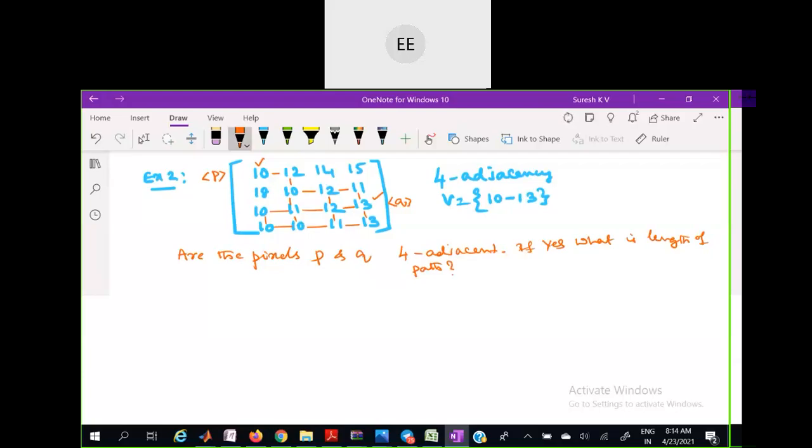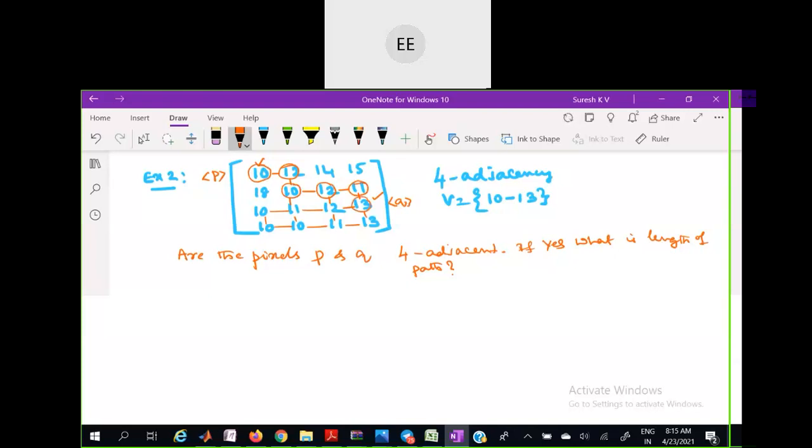Now, can you answer this question? Are pixel P and pixel Q 4 adjacent? Yes, sir. They are 4 adjacent. So I can probably show you all the pixels which are connecting it. So this pixel, this, of course, is one path that I can take.